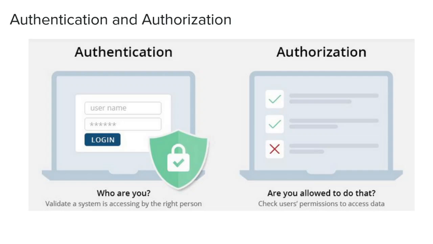That means that authenticated user can have certain permissions or certain actions which that user can perform on the application. If there are some actions which are limited to some types of users, those actions should not be allowed for that authenticated user. That comes under the authorization part. So authorization means checking users' permission to access the data.